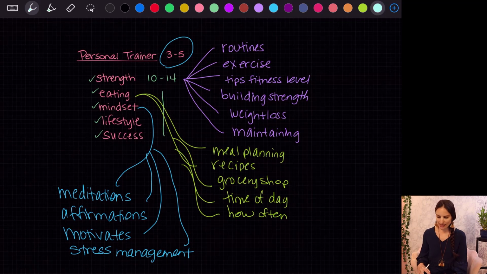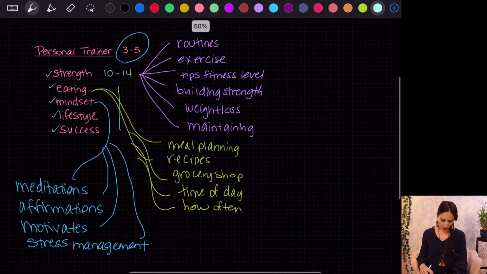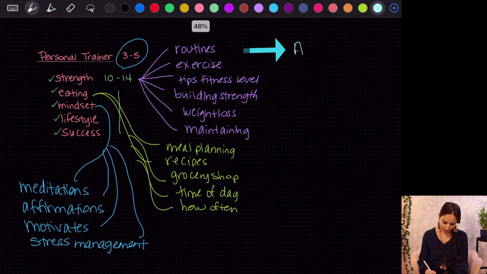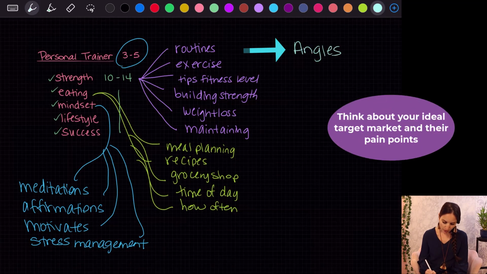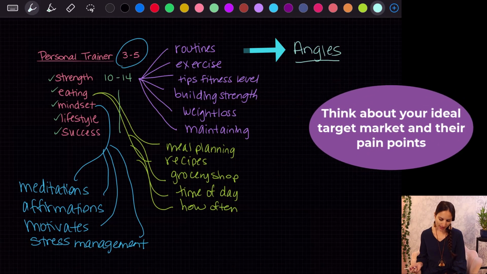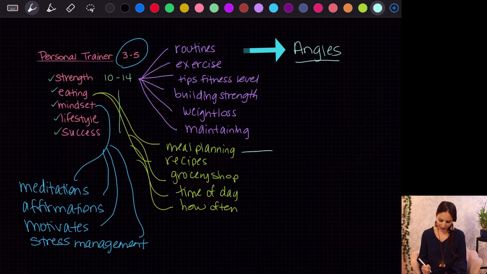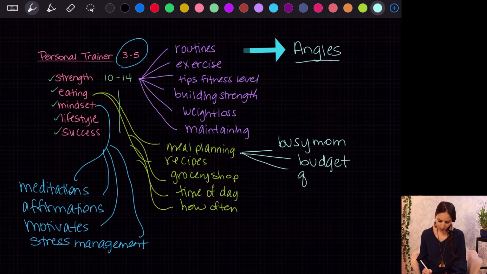Then we're gonna take this a step further, and I want you to think of different angles that you can hit on. So think about your ideal target market and what their pain points are. So maybe meal planning, we can talk about if you're a busy mom, how would you meal prep? Or maybe if you want to do it on a budget. So we're talking about how to do it cheaply. Or maybe we want to talk about how to do it quickly, like one day a week.